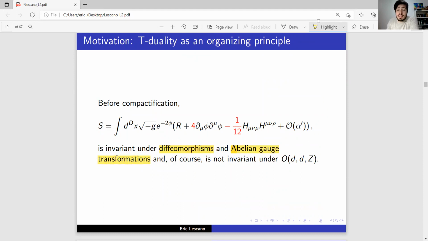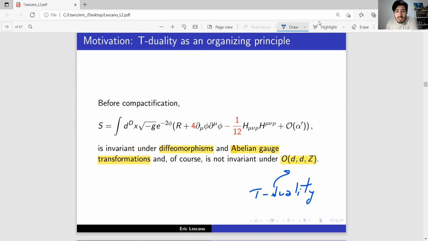But this Lagrangian over here is not invariant under O(d,d). This is the T-duality group, recall, this is T-duality. But this Lagrangian is not invariant under this group because we are before compactification. We are always working before compactification.